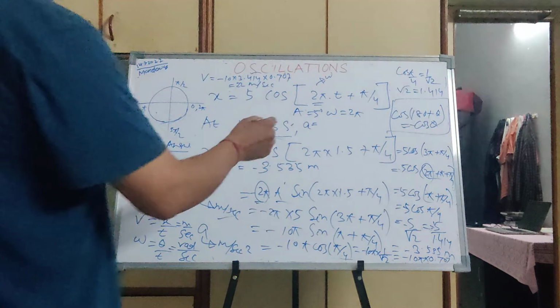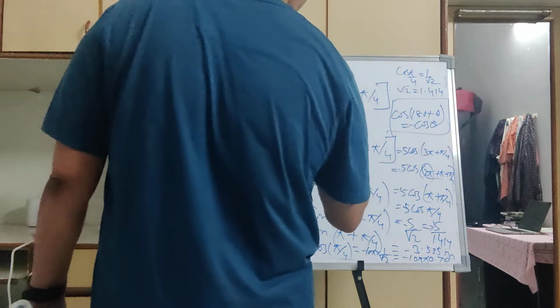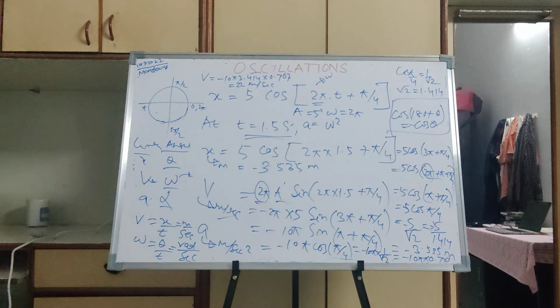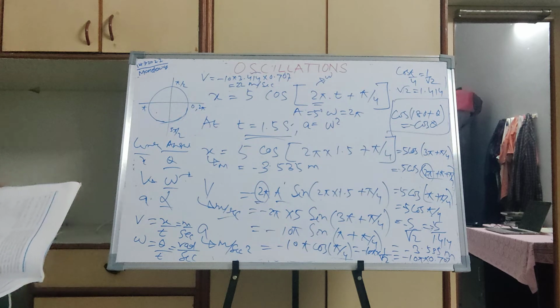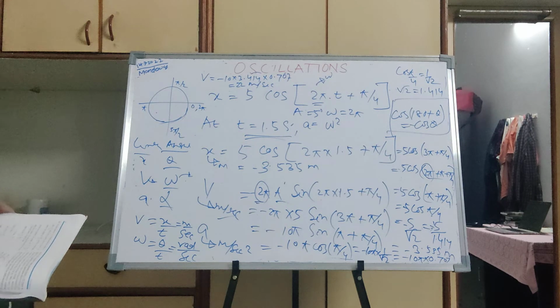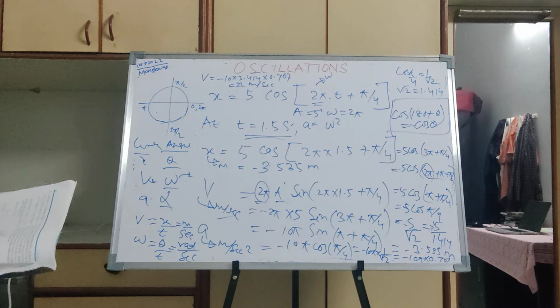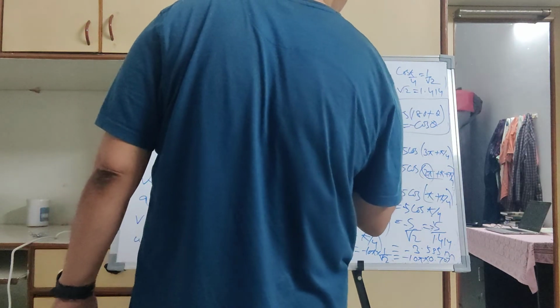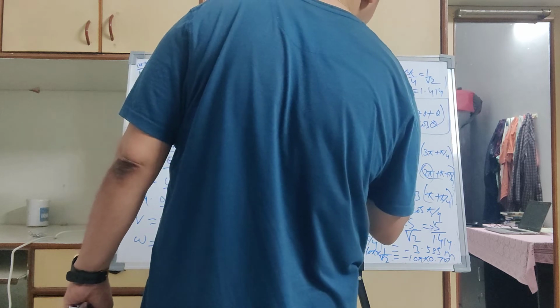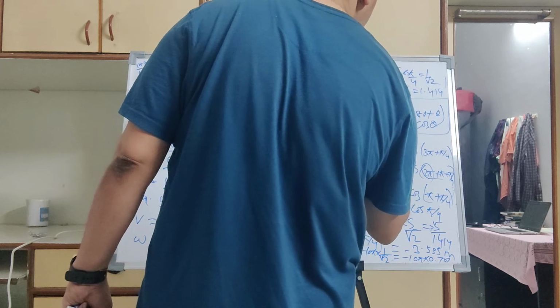So acceleration we have derived to be omega square. So the expression for acceleration is minus omega square A cos of omega t plus phi.